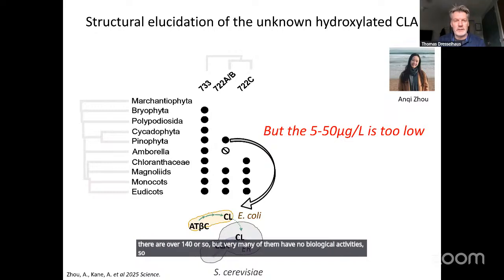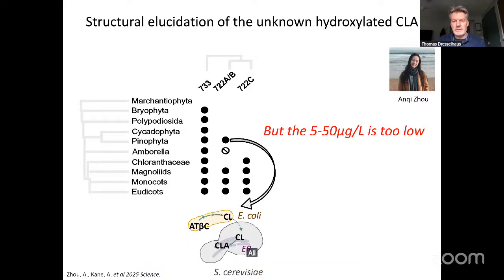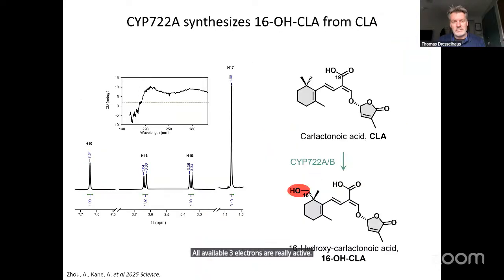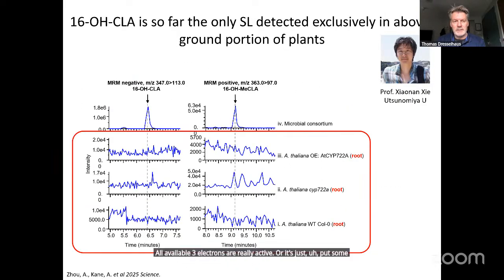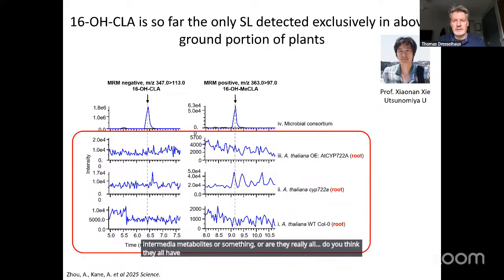So I'm wondering, do you have any biotests to test whether all available strigolactones are really active? Or could some be intermediate metabolites, or do you think they all have biological activity?